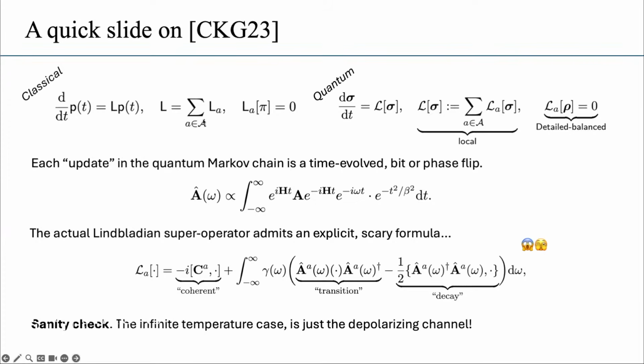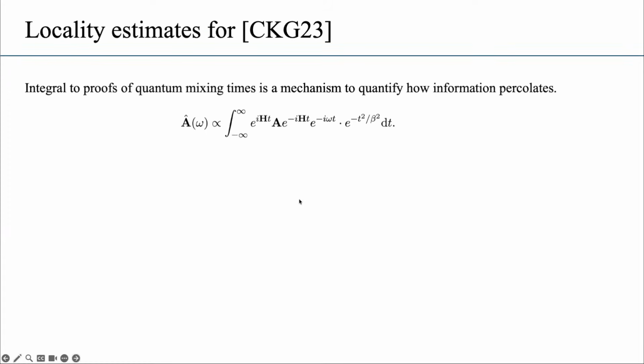Good. So with that, how do these proofs generally work? The big picture, or at the very least the starting point, is to first think about a mechanism to quantify how information percolates throughout the system.